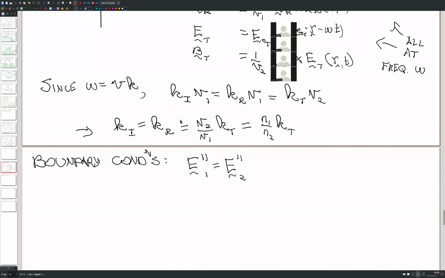We can deduce a few things about this. First of all, the x component of these vectors has to be related: the k incident x component has to be the k reflected x component.